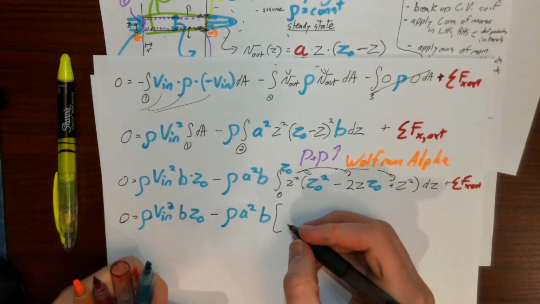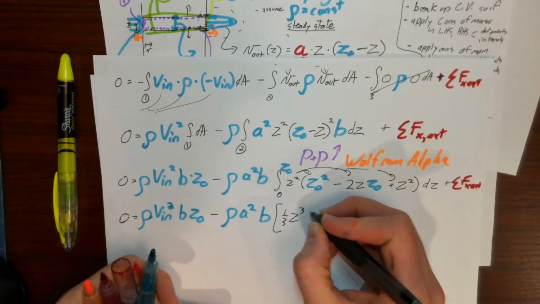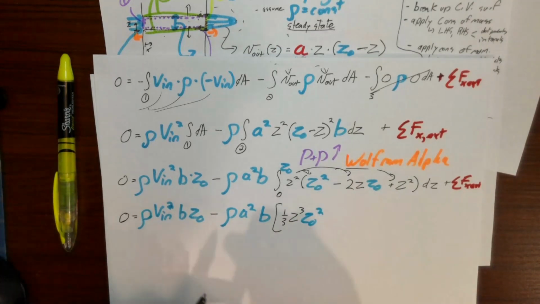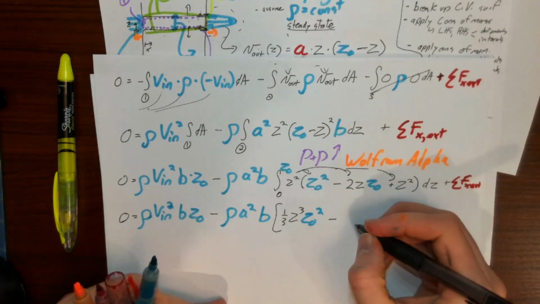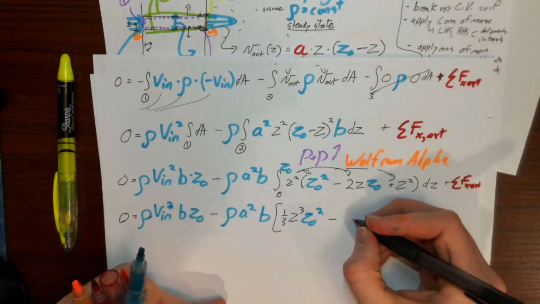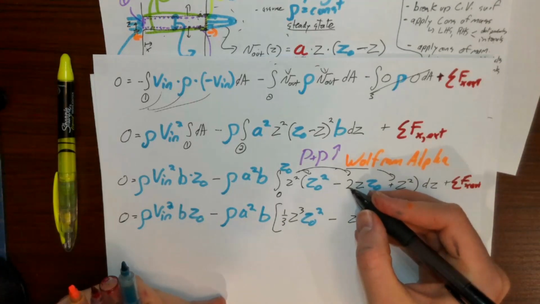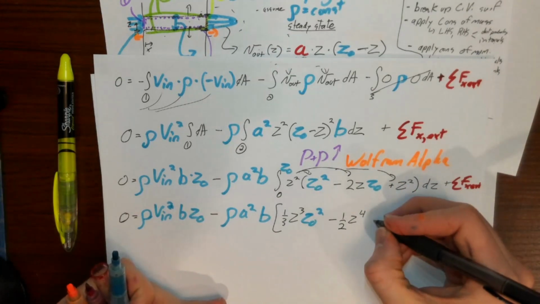and when you integrate this, you get 1/3 z cubed z naught squared. When you distribute this, you get z cubed, so now we have z to the 4th, and when we bring down the 1/4 and combine it with the 2 here, we'd have a 1/2.